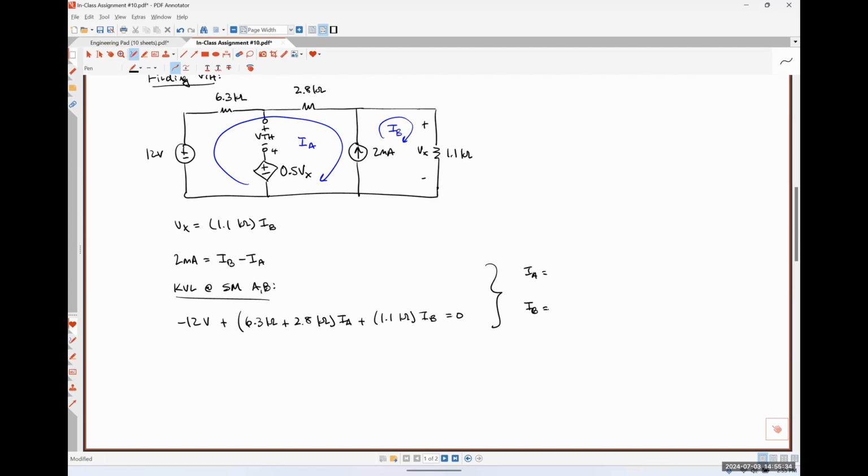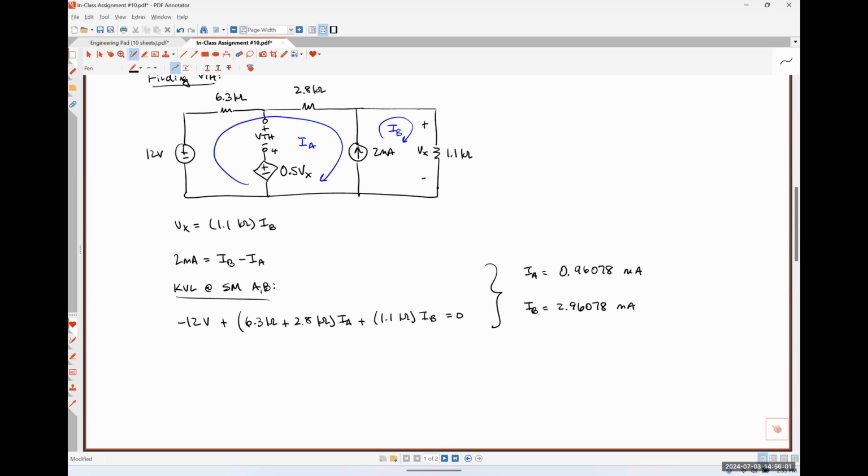And my constant term is positive 12. When I solve this, I get 0.96078 milliamps for IA and 2.96078 milliamps for IB.